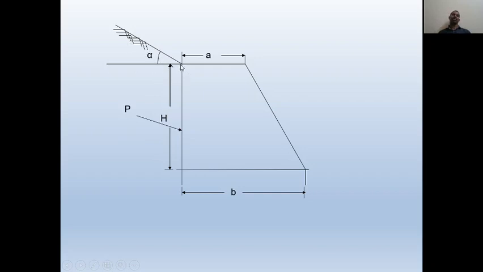Water will maintain a horizontal level, therefore P will also be horizontal. But in the case of a retaining wall, particularly when the surcharge angle is there, P will be acting in an inclined direction at the surcharge angle with respect to the horizontal. That will be a major difference between dams and retaining walls.